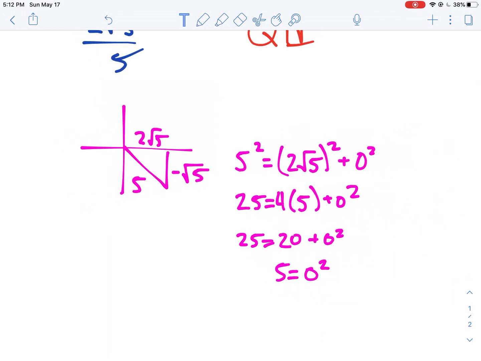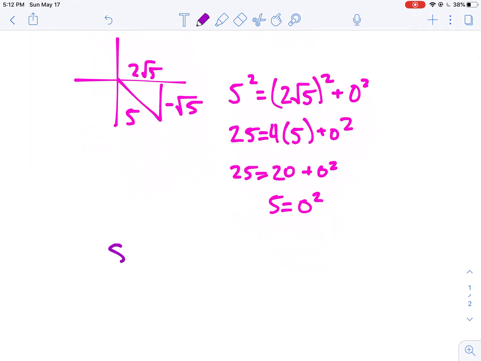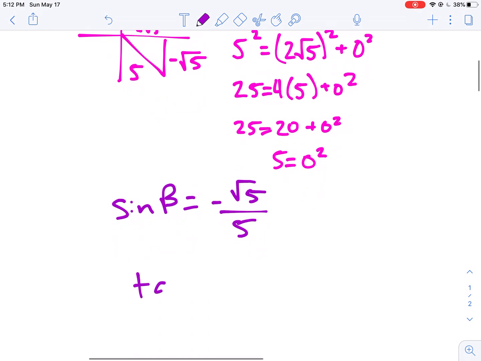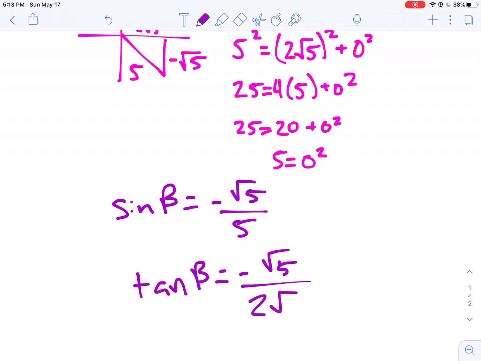So now I can say that my sine of beta will be equal to negative root 5 over 5. And then my tangent of beta will be equal to negative root 5 over 2 times the square root of 5.